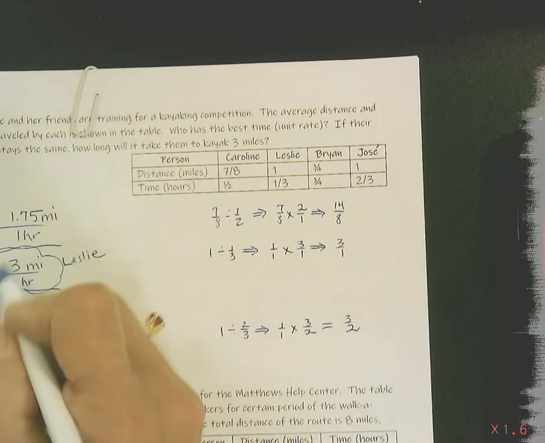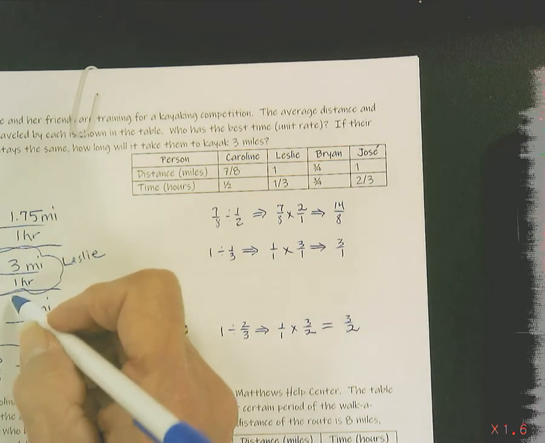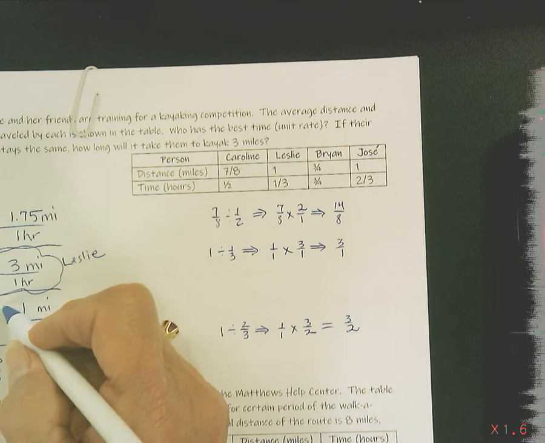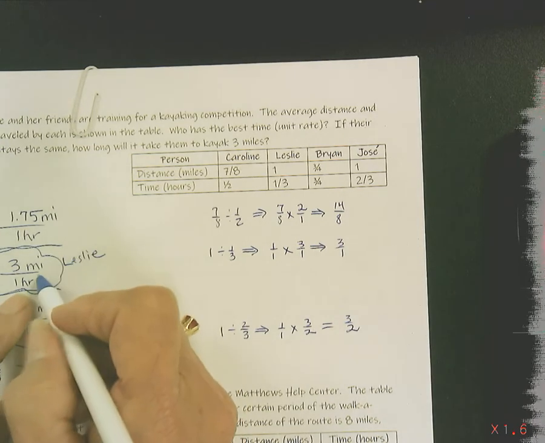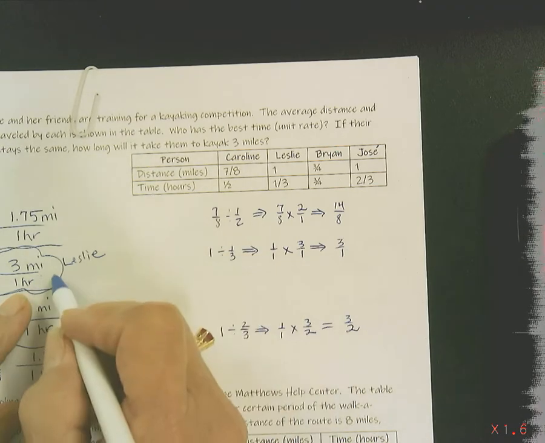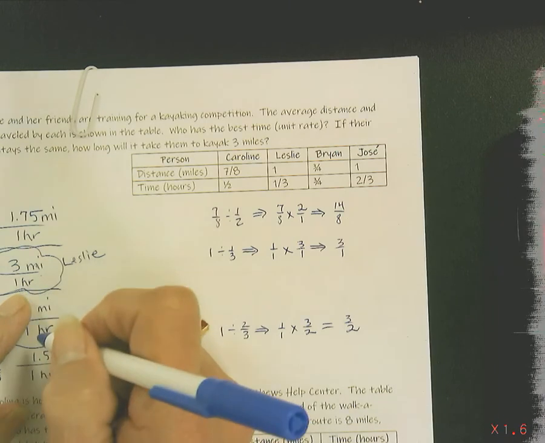Well, the answer is really kind of sneakily given to you right here. How long will it take her to go 3 miles? If she's going 3 miles an hour, it'll take her 1 hour.